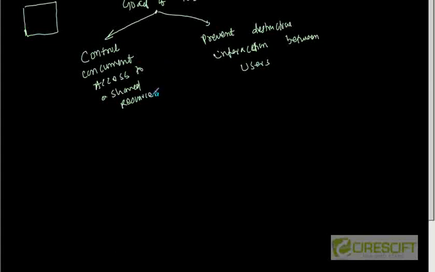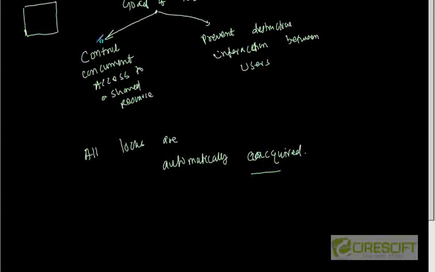All locks in Oracle are automatically acquired. That means you do not have to lock the table yourself. Whenever you want to update a row, you do not have to lock it.